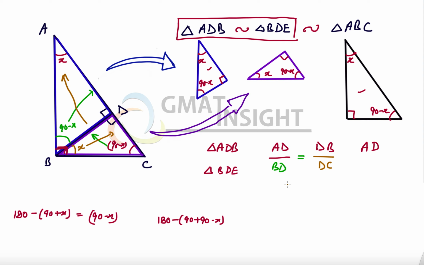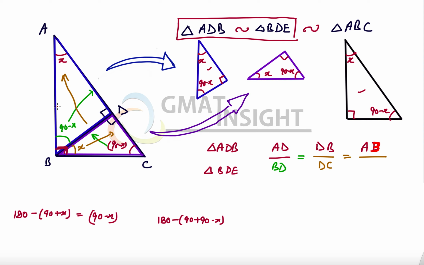in the second triangle. Now the third side. Okay, I have written it twice by mistake. I wanted to write here AB, I think, because the third side that is left is AB.